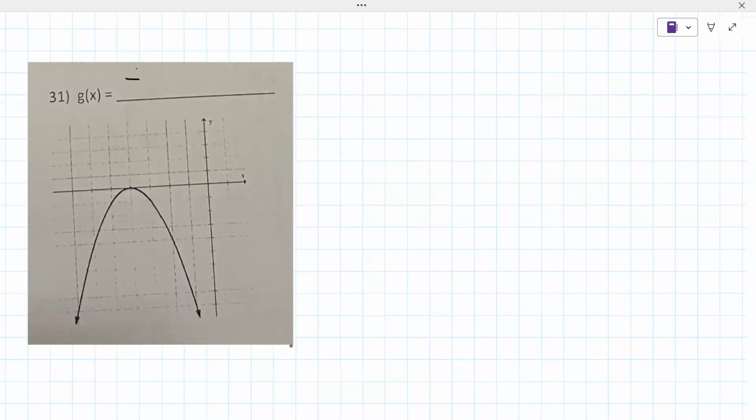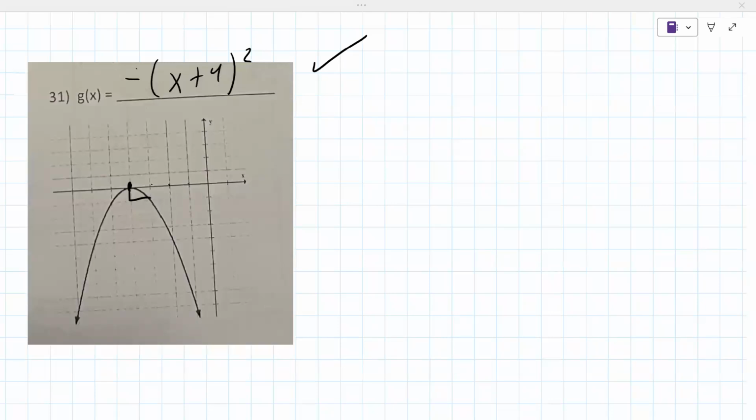I'm sorry, give me that one more time. Negative what? X plus 4 squared. Okay. Yeah, so you're going left 4, down 1, right 1. Perfect. Okay. Any questions on quadratics? No.